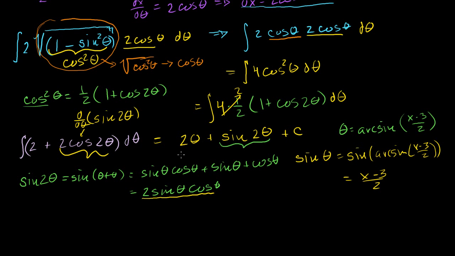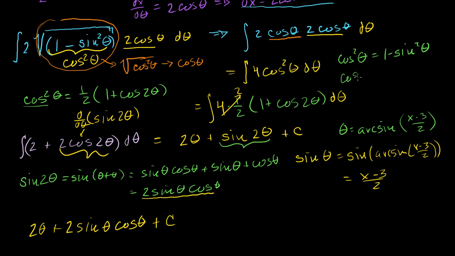So our indefinite integral in terms of theta, or our antiderivative, became 2 theta plus, instead of sine of 2 theta, we could write 2 sine of theta cosine of theta. And then, of course, we have a plus c. Now, I want to write everything in terms of sine of theta, but I have a cosine of theta there. So what can we do? Well, we know that cosine squared of theta is equal to 1 minus sine squared of theta, or that cosine of theta is equal to the square root of 1 minus sine squared of theta, which seems like we're adding complexity to it.